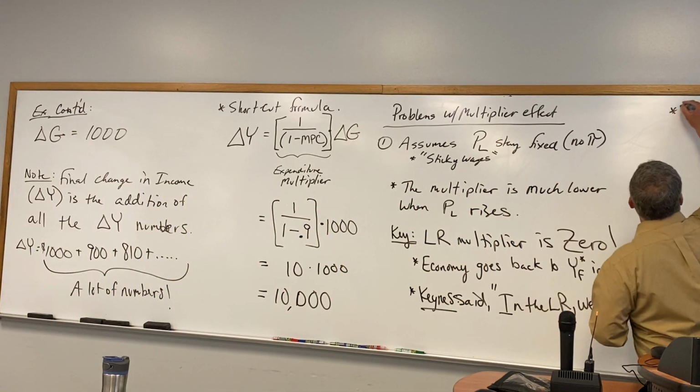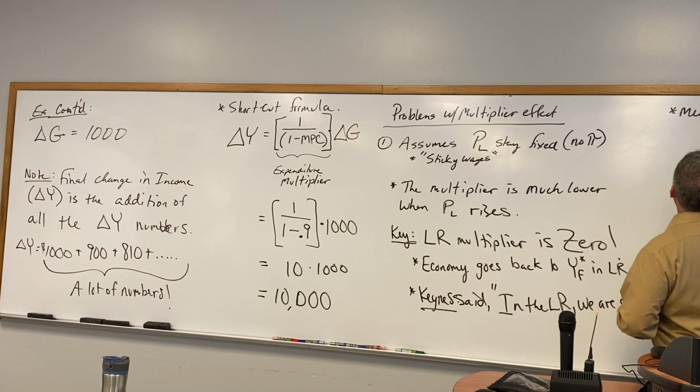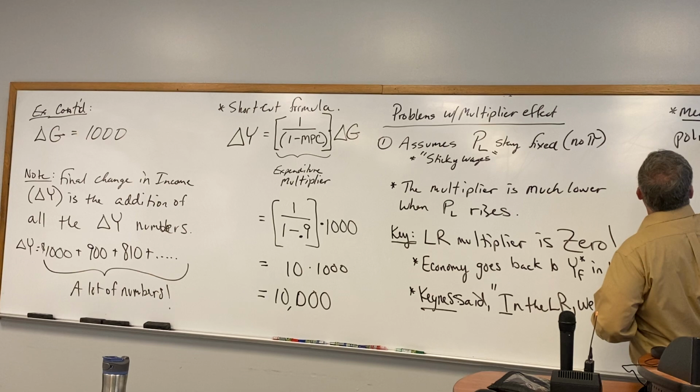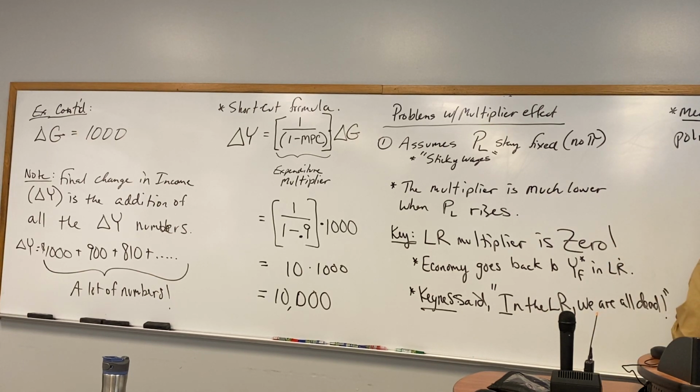So the meaning where he was coming from: let's use government policy, which would include a change in government spending, a change in taxes, a change in money supply, which we're going to spend a whole chapter on, but I want to include that in here.